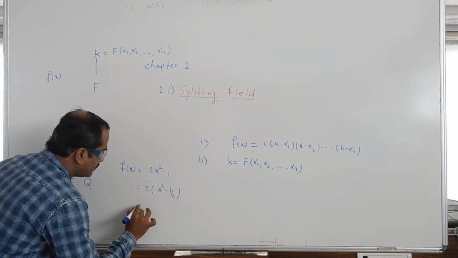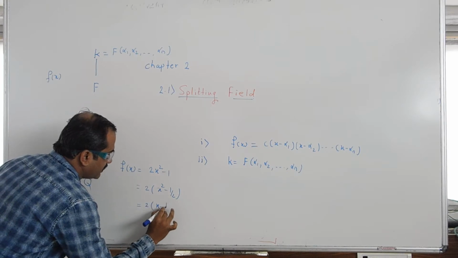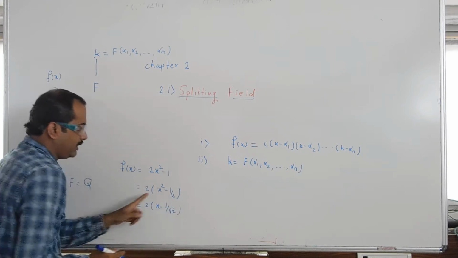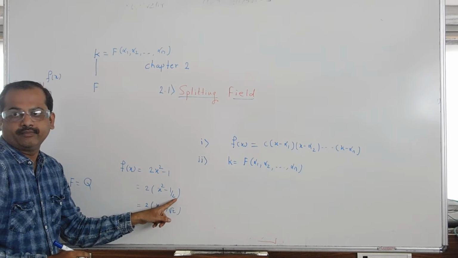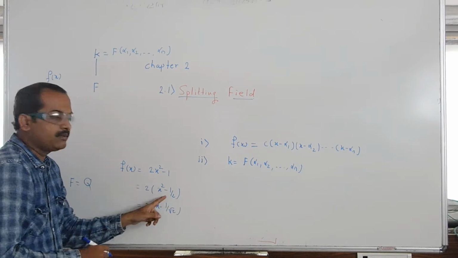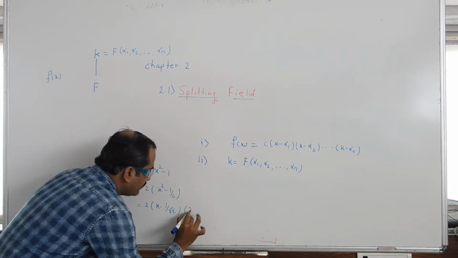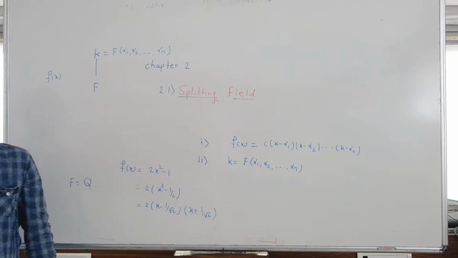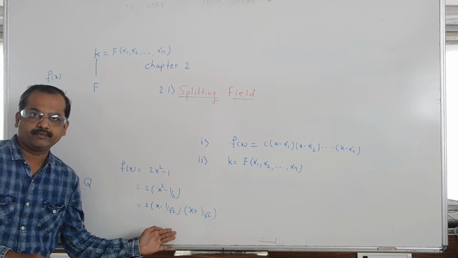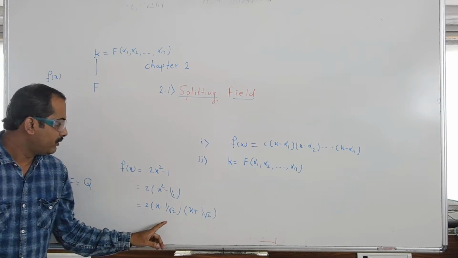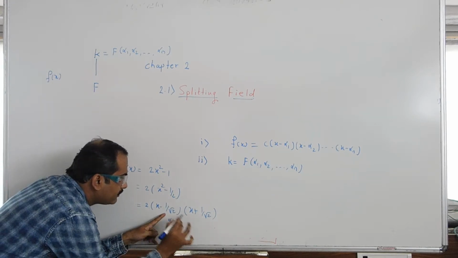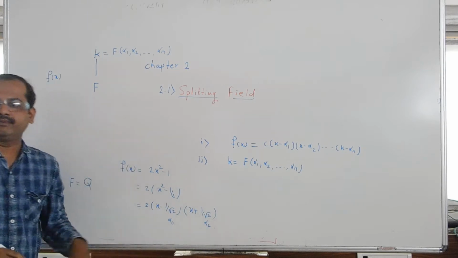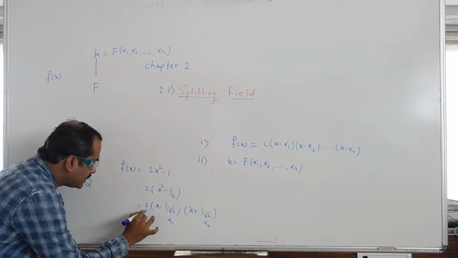What are the roots? x square minus a square minus b square gives a minus b into a plus b. So x minus 1 upon root 2 and x plus 1 upon root 2. These are the roots. Now this is your alpha 1, this is your alpha 2, and this is your c.